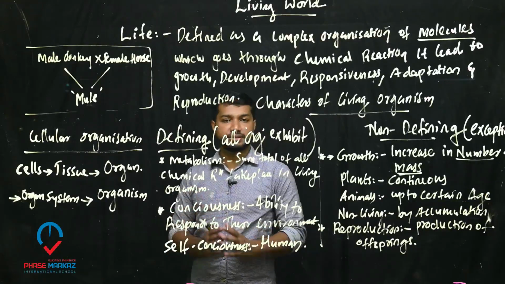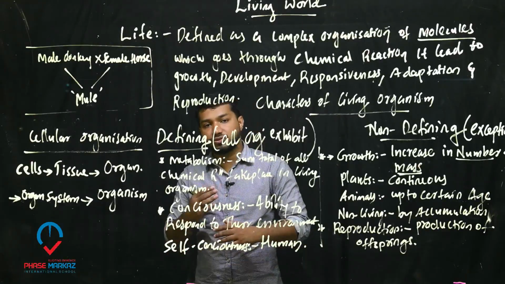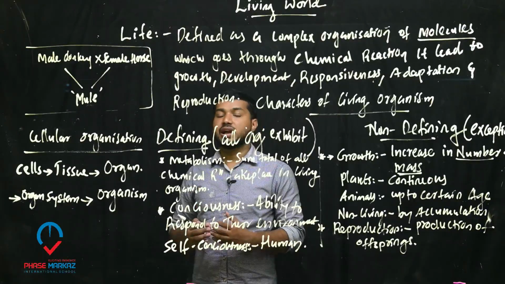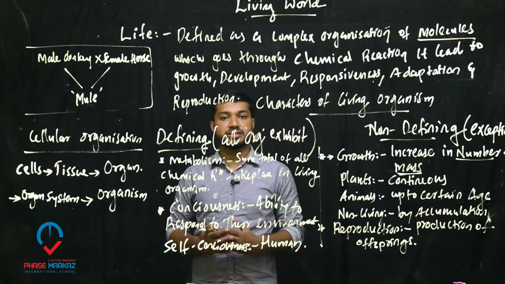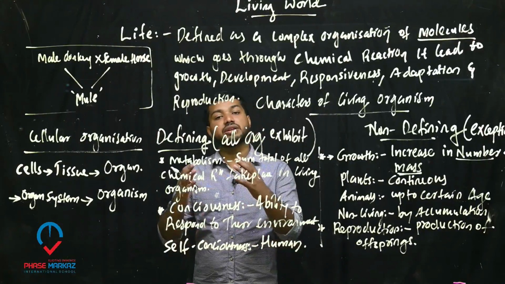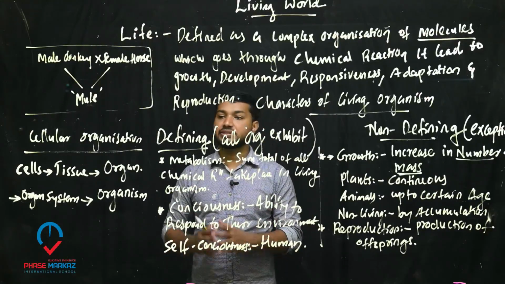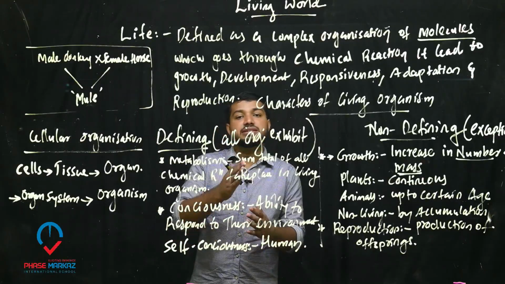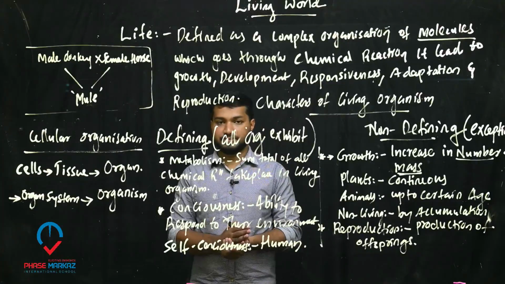Likewise, in every organism, cells together form tissue, tissues together form organs, and organs together form organ systems, which together we call an organism. That is cellular organization. This kind of organizational arrangement is only seen in living organisms.